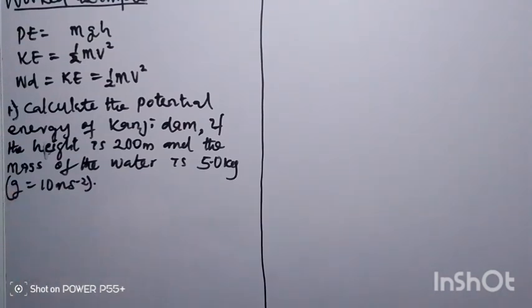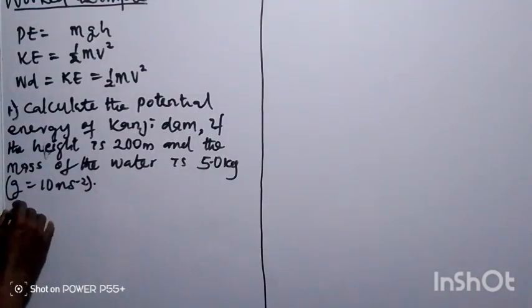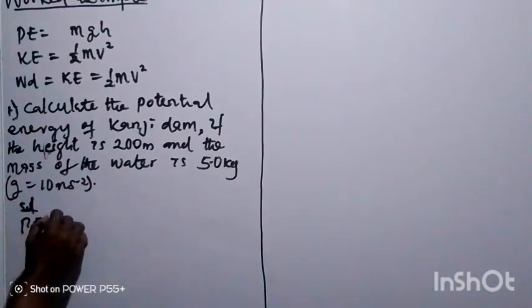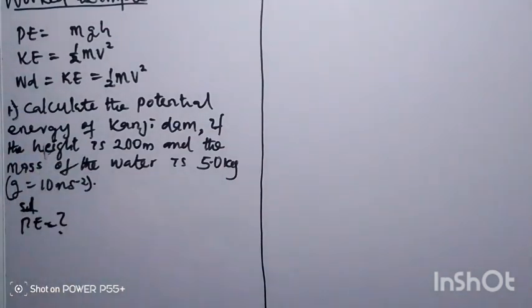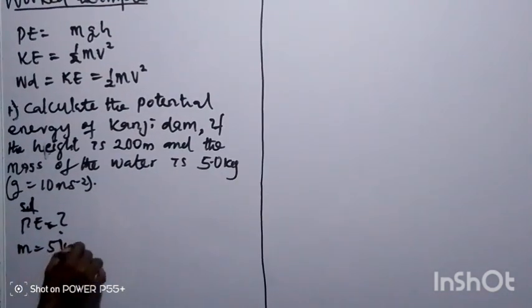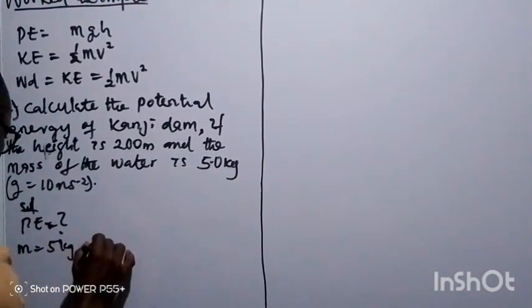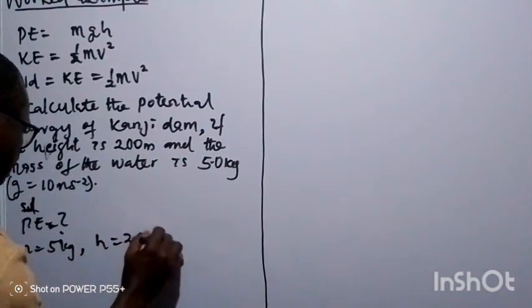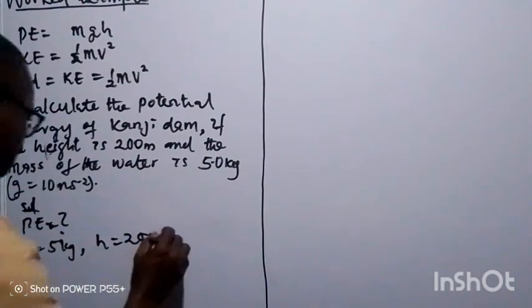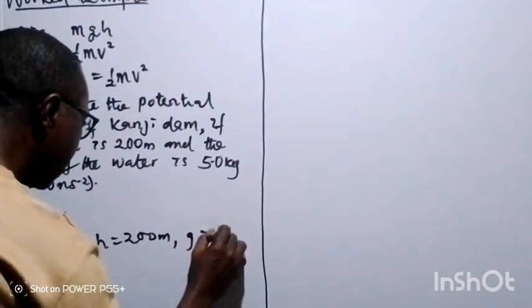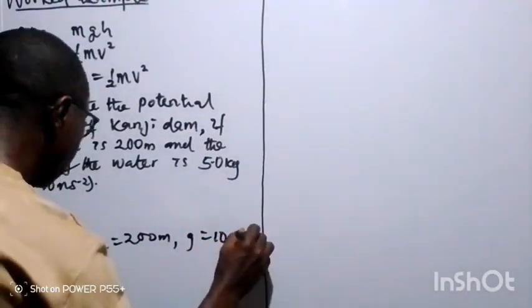From this simple question, we have to calculate the potential energy, PE. From the question, mass is given as 5 kg, the height is given as 200 meters, and g is given as 10 meters per second squared.